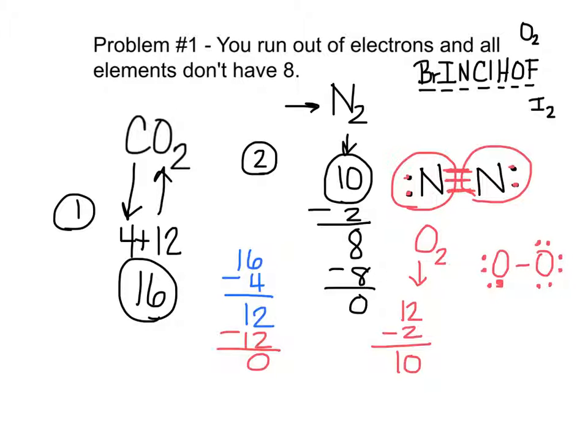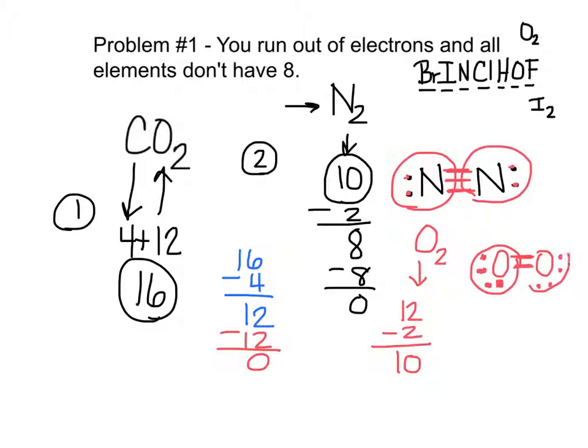The one on the right has 8, but the one on the left only has 6. So again, the one on the right can be generous. Take away 2, and instead of hogging them, he'll share them. This one still has 8, and now our one on the left, 1, 2, 3, 4, 5, 6, 7, 8.